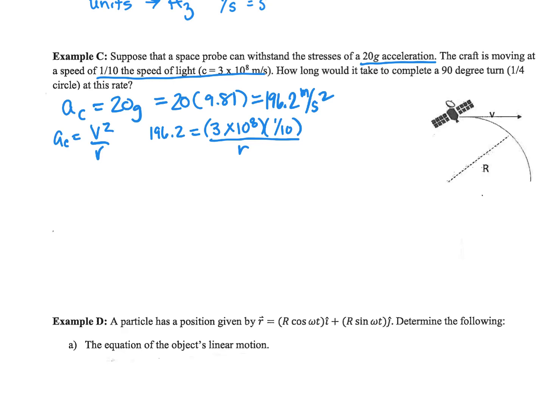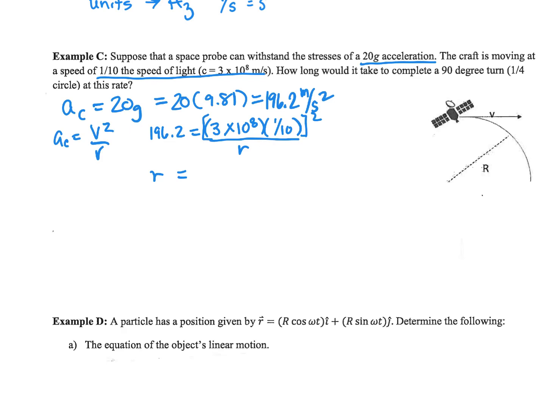Now, why do we want to find r? Oh, and this is squared because it's v squared. So what do we get for r? We want to find r because we want to know how far it is around the circle. We need to know the radius of the circle, how far it's going to go, before we figure out how long it's going to take.